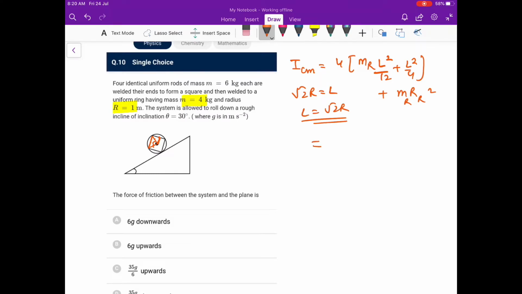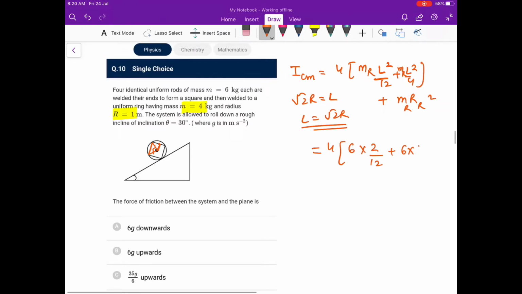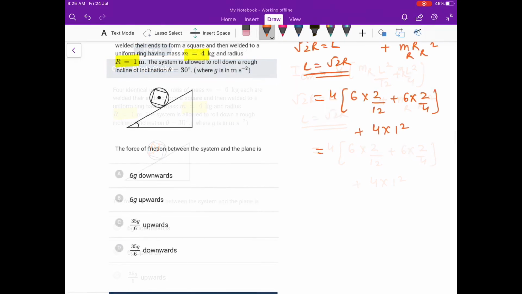So ICM would be 4 times 6 into L square, that is root 2 square, 2 by 12, plus 6 into L square, 2 by 4, plus 4 into 1 square. So this comes out as 4 into 12 by 12 is 4, plus 6 into 2 by 4, that comes out as 3, times 4 is 12, plus 4, that is 16 plus 4, 20 kg meter square.